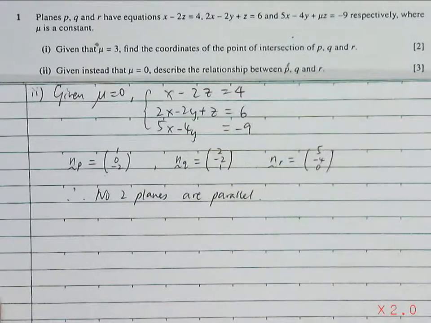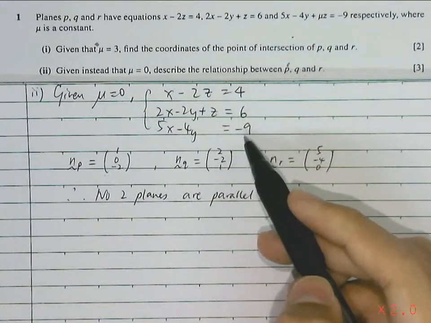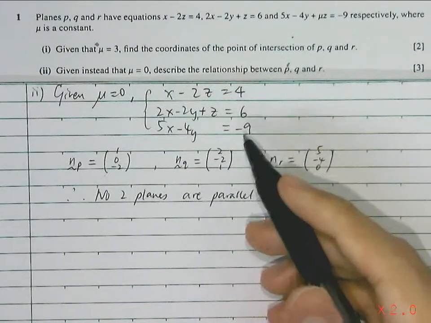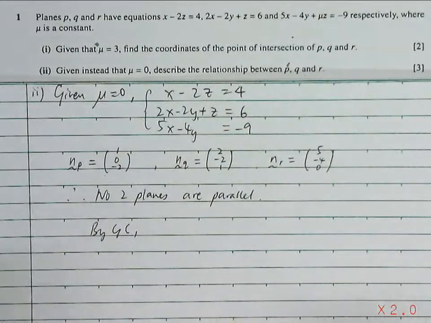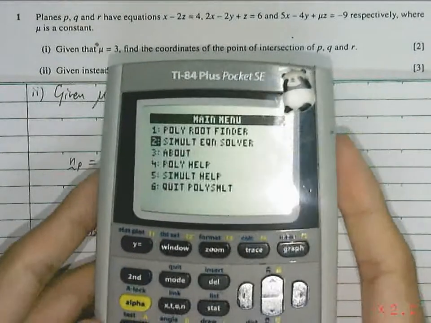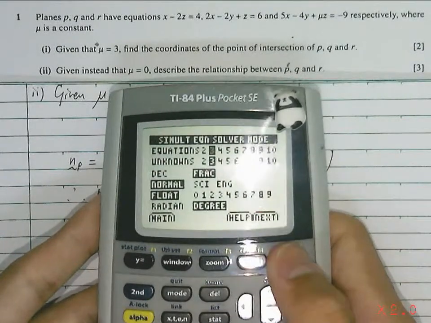Next thing that we check is whether there are any solutions for these 3 equations. So we will use our GC again. By GC, we'll go back to our equation solver. 3 equations with 3 unknowns.